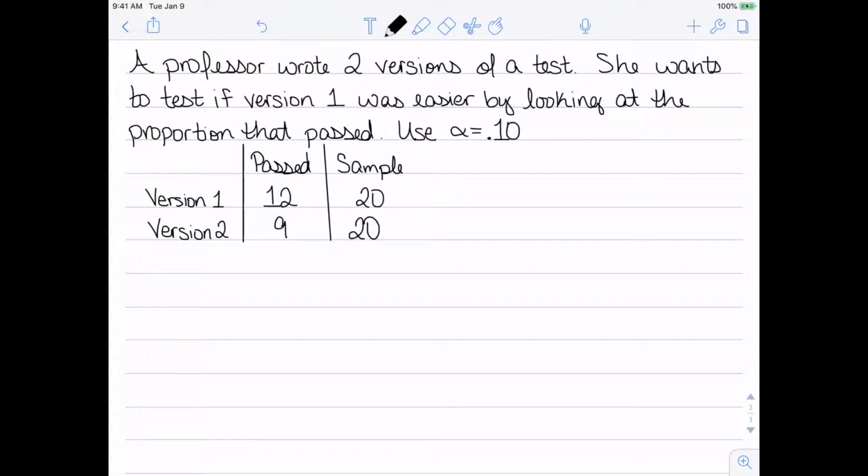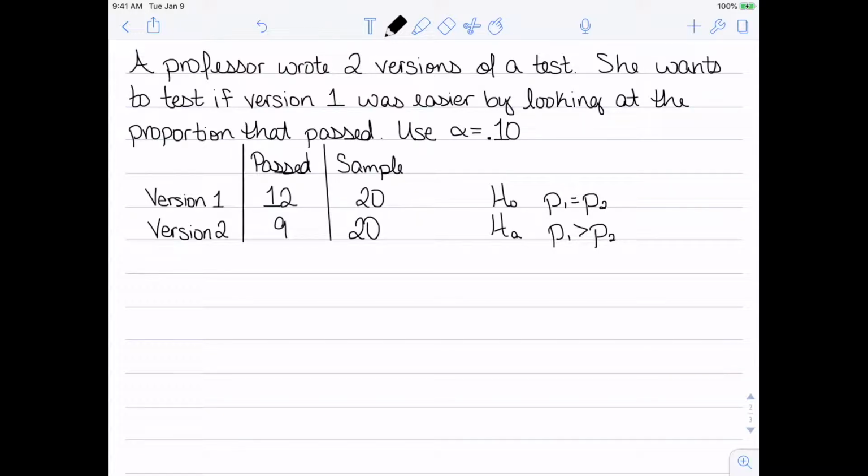So since we're comparing two samples, we know our null hypothesis has to be p1 equal to p2. For our alternative hypothesis, we're checking if the first version was easier. And if it was easier, we would have more people passing. So p1 is greater than p2. Now that we have our hypotheses, we can find our p-value.